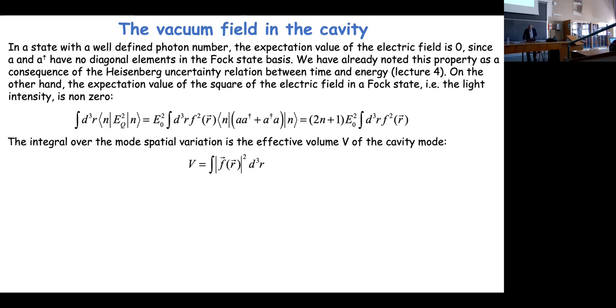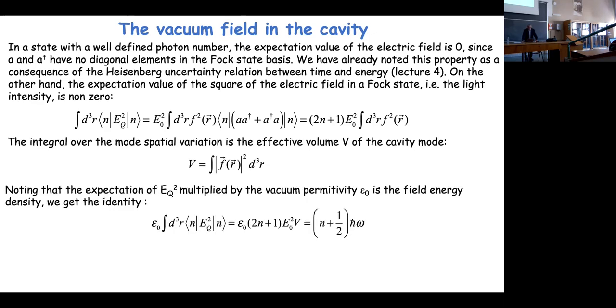And the next step, you replace the integral of f(r) squared d³r by V, which is the volume of the cavity. And then what you notice is that epsilon naught E squared V is just the energy. Epsilon naught E squared is the density of energy. You multiply by V, you get the energy. So you have the energy of the field, which is given by this expression.